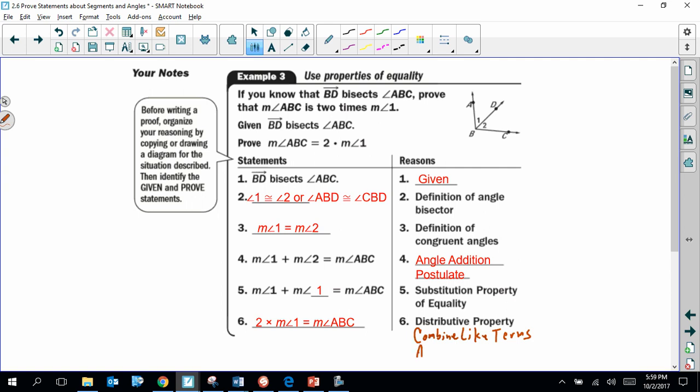I wouldn't want to say the addition property of equality, because addition property of equality implies that we're moving something across the equal sign. I would probably say just something like combine like terms, because the distributive property implies that we're multiplying something into parentheses, and I don't really care for that last reason, but you know, it is what it is. The authors gave it to us, so we'll use it.